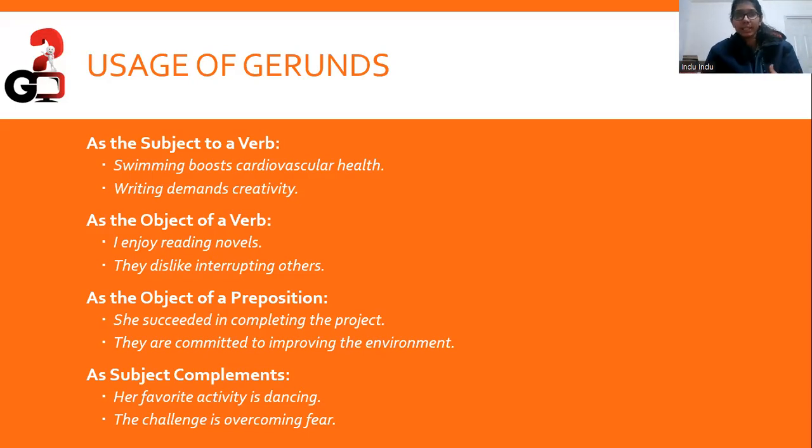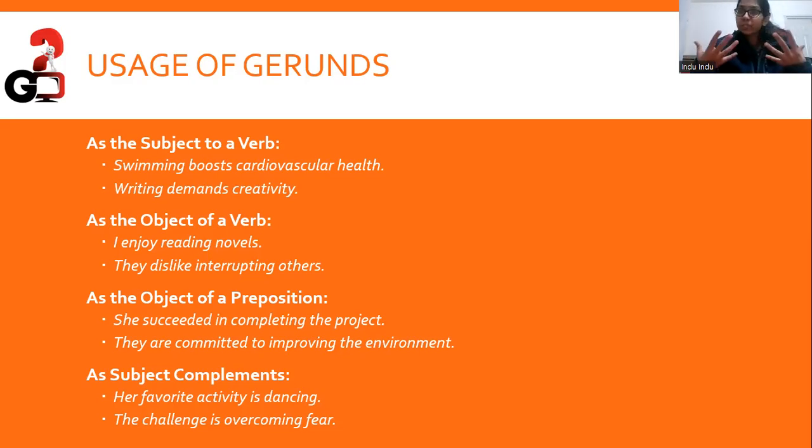Writing demands creativity. Again, as a subject to the verb, right? It could be used as an object of a verb. I enjoy reading novels. So here it is an object to the verb enjoy. Here reading is the gerund. They dislike interrupting others. Here interrupting is the gerund used as the object of the verb dislike, right?